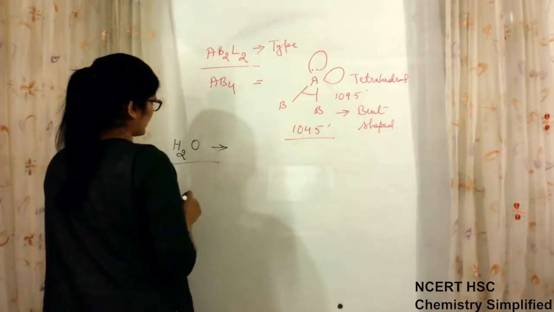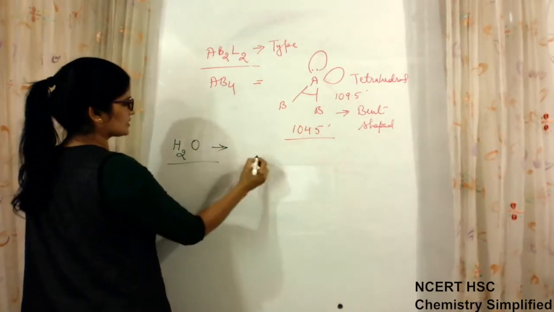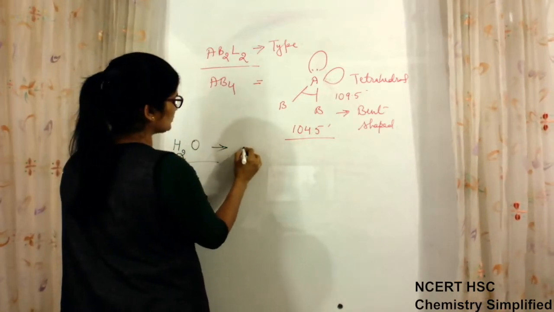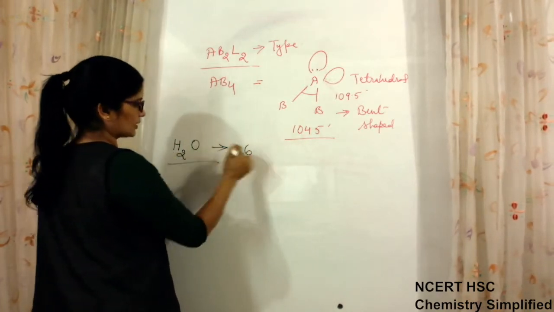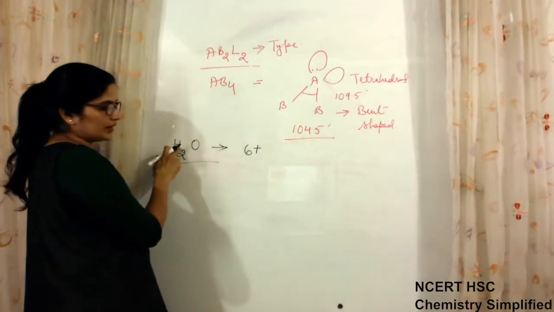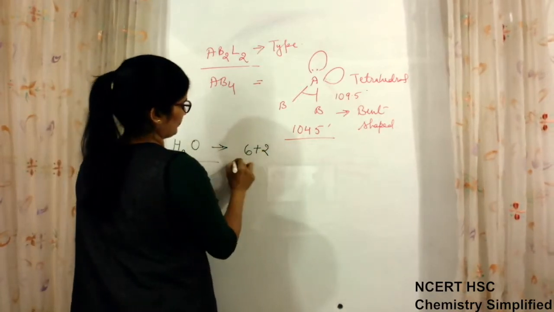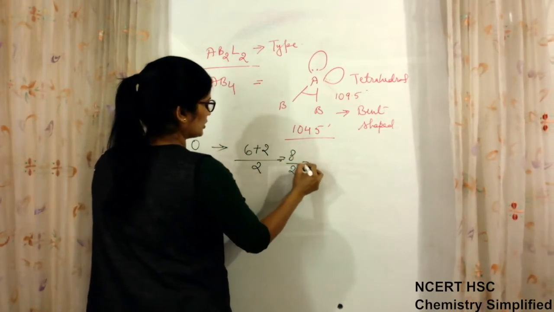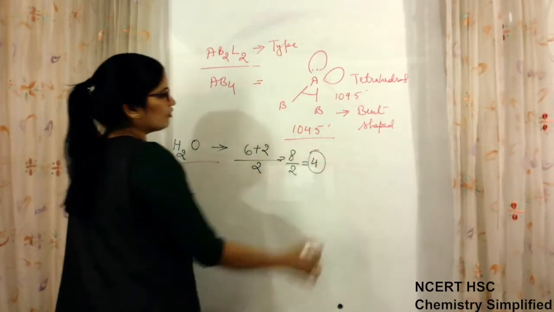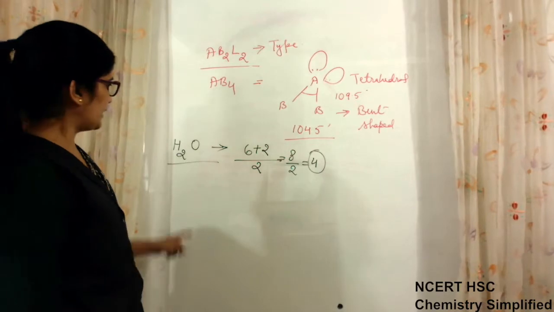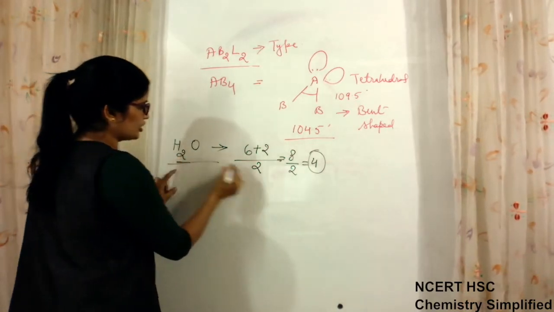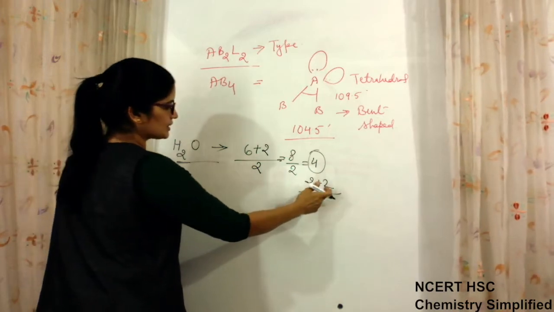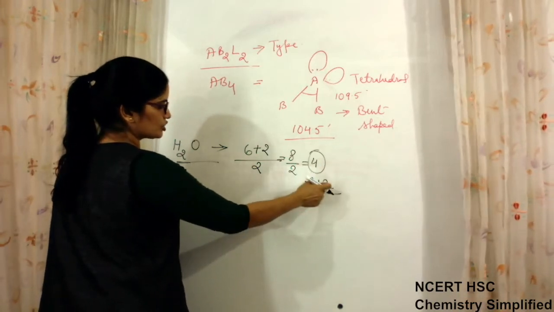In case of water, oxygen is the central atom. So valence electrons in oxygen 6 plus side atoms bonded by single bonds 2, divided by 2, that is 8 by 2 equal to 4. 4 pairs we have obtained, side atoms are only 2. So 2 plus 2: 2 are the bond pairs, remaining 2 are lone pairs, giving rise to 4.